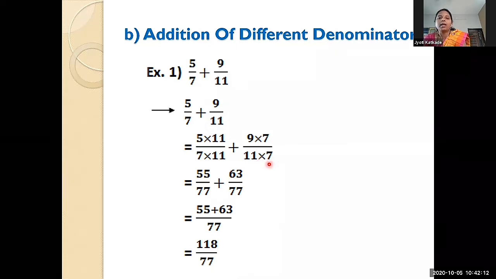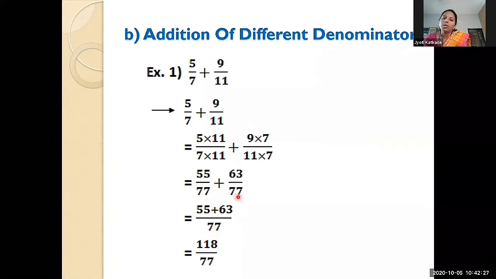Then next step, 11 5s are 55 and 11 7s are 77, plus 9 7s are 63 and 11 7s are 77. Now our denominator is the same, 77, 77.